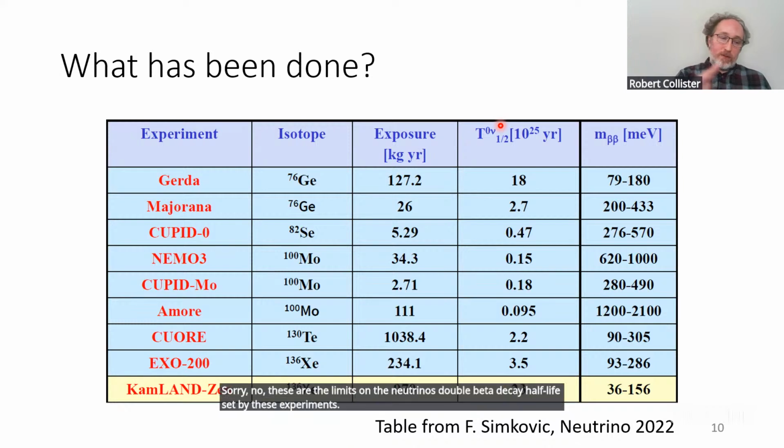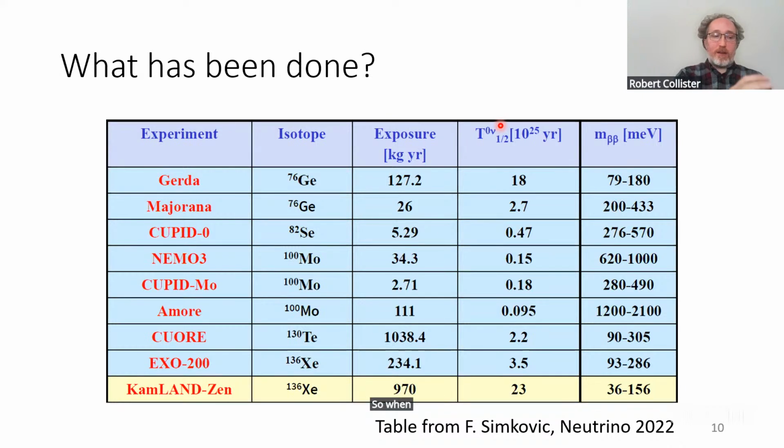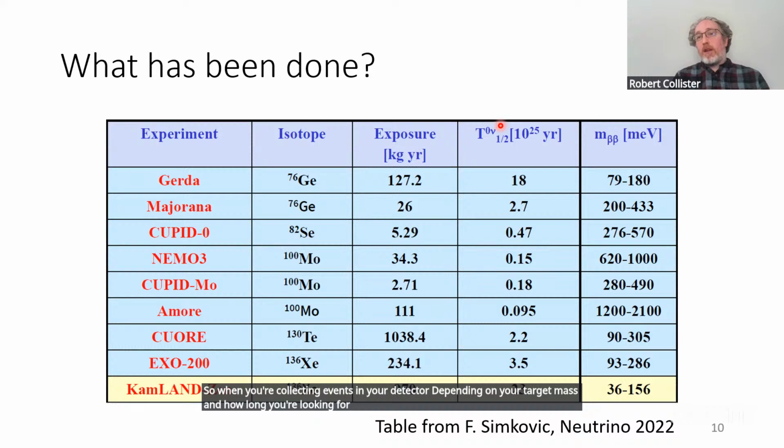So when you're collecting events in your detector, depending on your target mass and how long you're looking for, you can put a limit on not seeing a double beta decay. If you don't see a neutrinoless double beta decay, you can put a limit on what that half-life is. And this is what has been done.